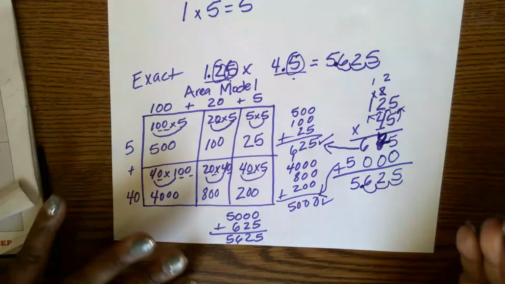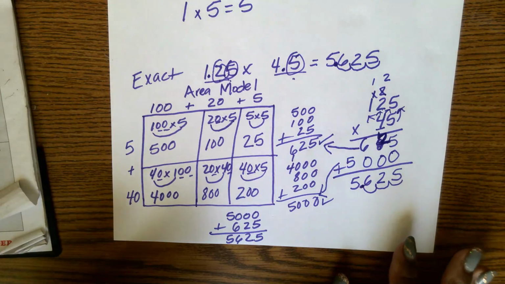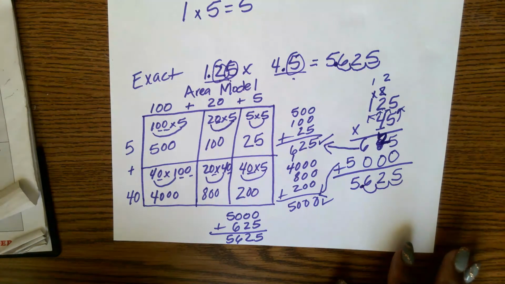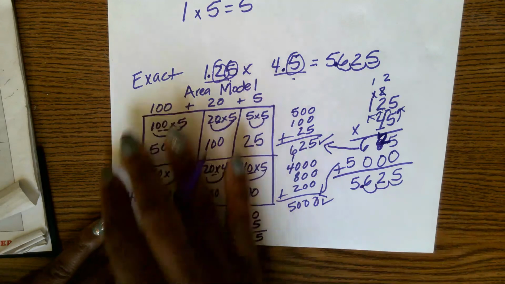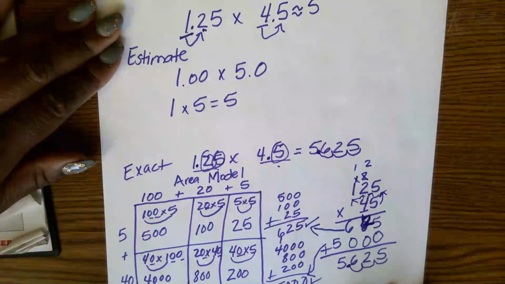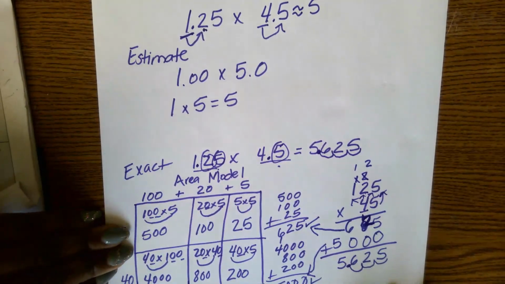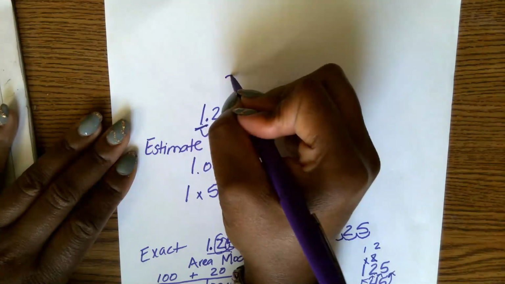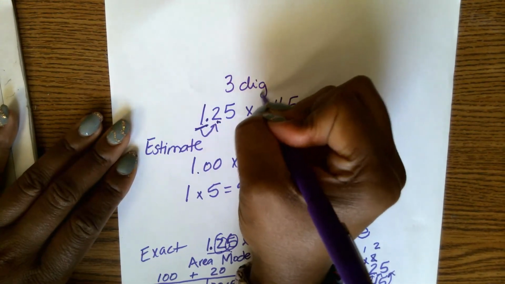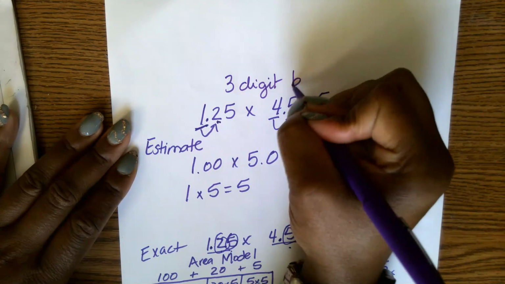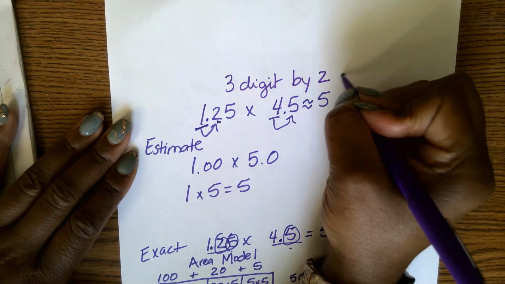But for us, it doesn't really matter how the kids get there as long as they are able to get to the correct answer. So I just wanted to throw that out there with the estimate and finding an exact answer for 3-digit by 2-digit. So I hope this helps.